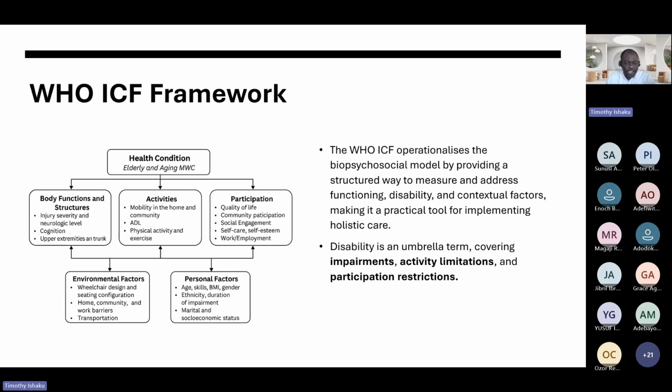In fact, the framework is informed by the biopsychosocial model that we've discussed. Both frameworks view health and disability as multidimensional, influenced by biological, psychological, and social factors, rather than purely medical or pathological aspects.